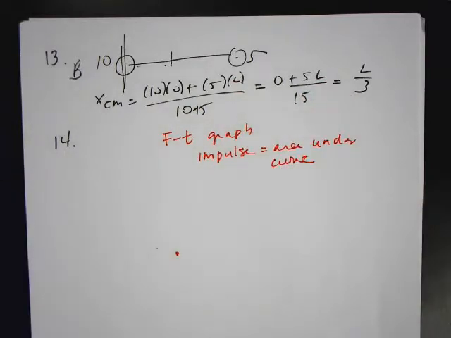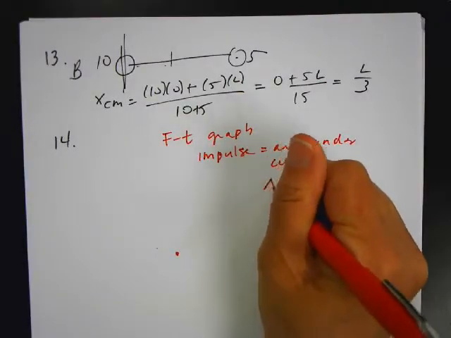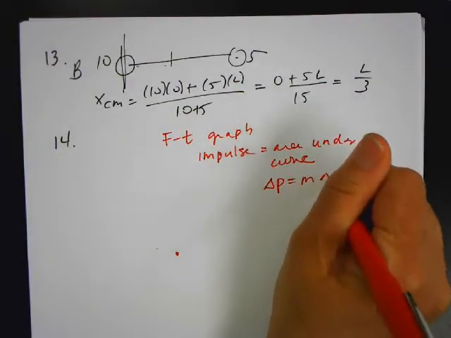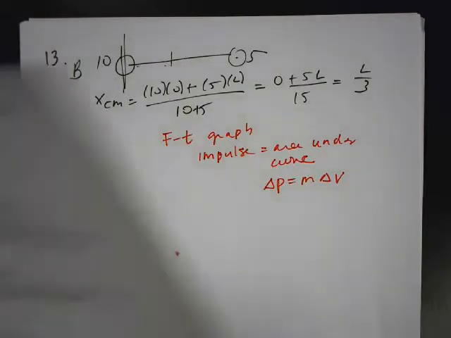Now, besides that, remember, impulse is also equal to delta P, which is m delta V. So it says from 0 to 4, what is the total change in momentum? So I'm going to look at the graph and do the areas.